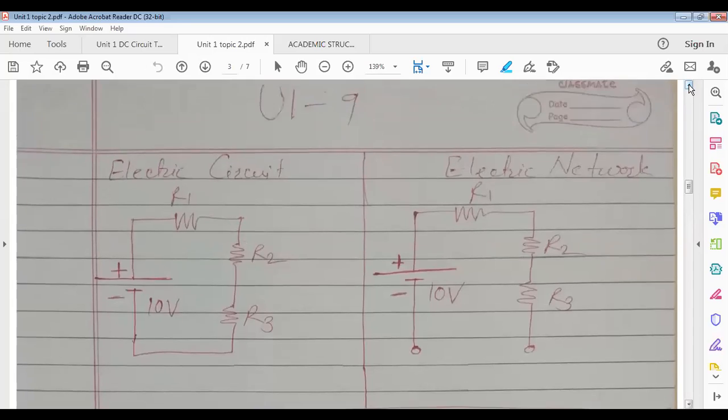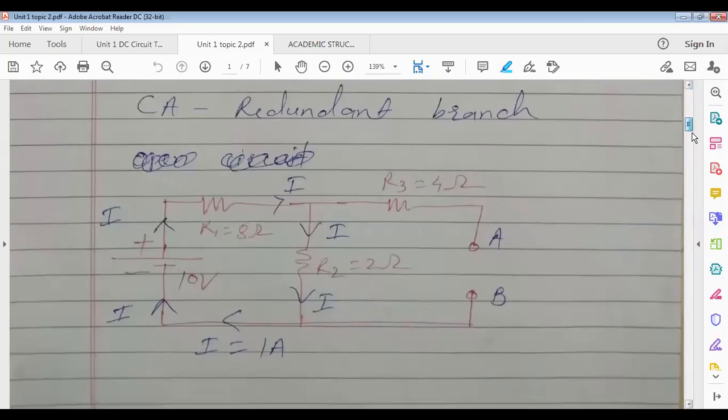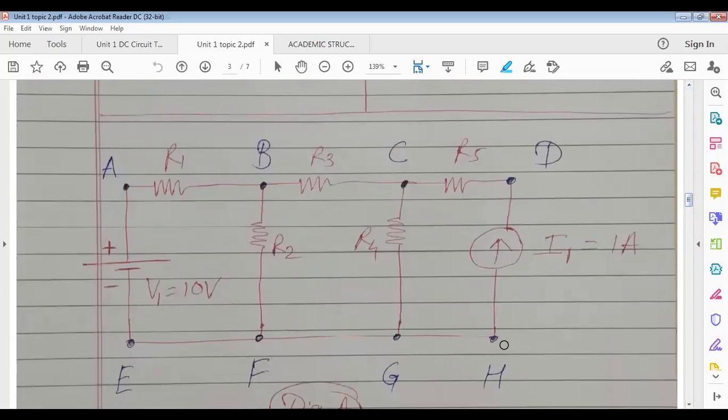Okay, fine. Now see here, before that I'll explain another thing. In this circuit you observe now, how many resistances are connected here? Five resistances, R1, R2, R3, R4, R5. How many voltage sources? One, a voltage source of 10 volt.